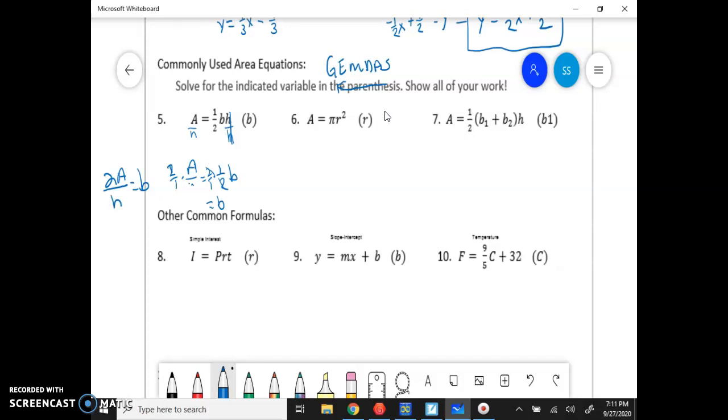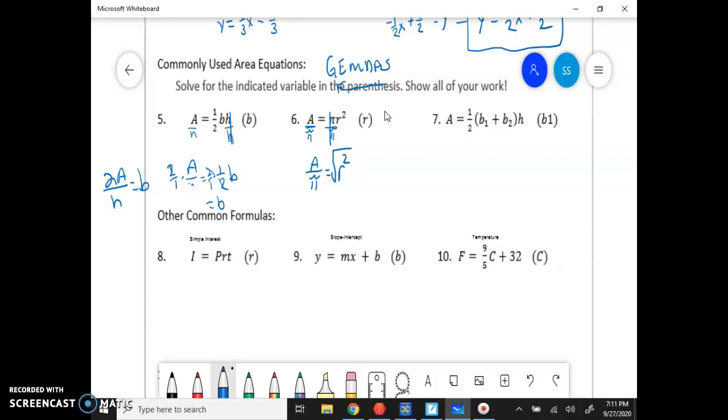All right, let's keep going. Number 6, I need to isolate R, and that's only one R. First thing, let's get rid of pi, so divide by pi. Anything over itself, pi over pi equals 1, just like everything else. So now I'm left with A divided by pi is equal to R squared. Remember, this is inverse operations: the opposite of squaring something is taking the square root.